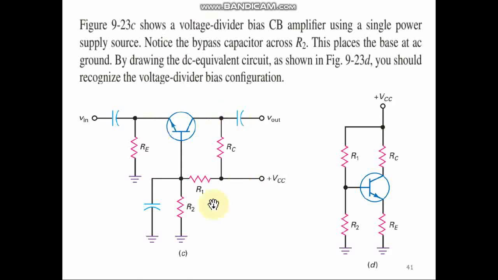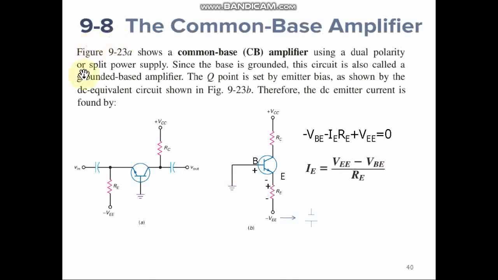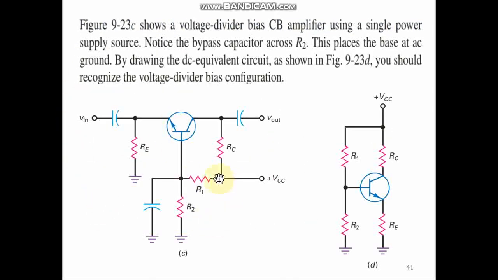Now this is another circuit to represent the common base amplifier using a single power supply. In the previous case we were using two different power supplies, minus VEE and plus VCC. In this figure we are using only one power supply, that is VCC.